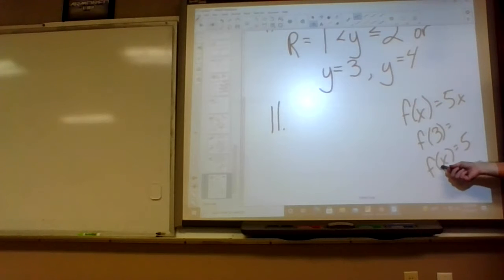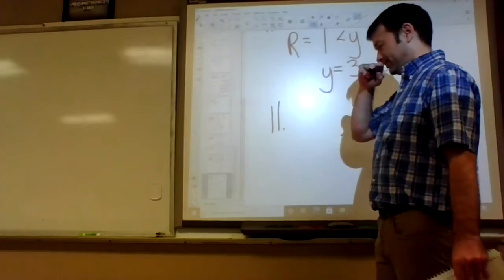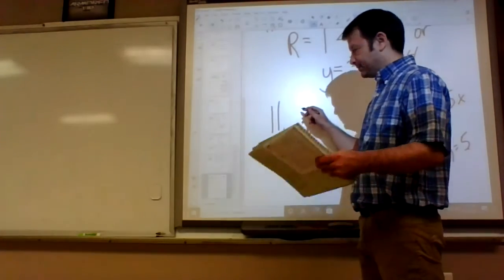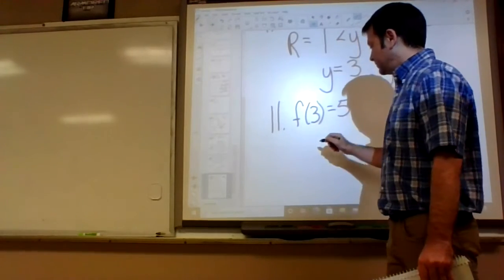So if x is 3, what is the function going to equal? 5. It doesn't matter what you put in for x, the function is always going to equal 5. This is the flat line, y equals 5. So the answer is f of 3 equals 5.